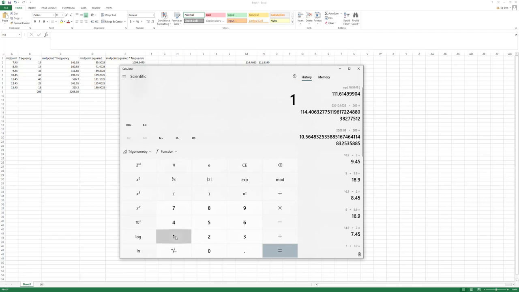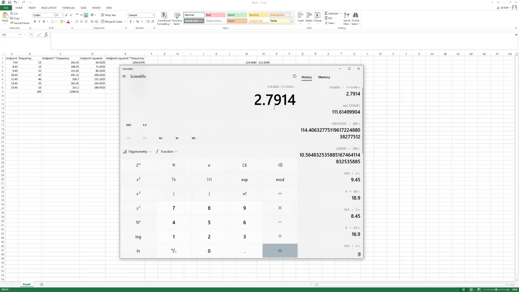So I'm going to say 114.4063 minus 111.6149. Alright, so this is my population variance.